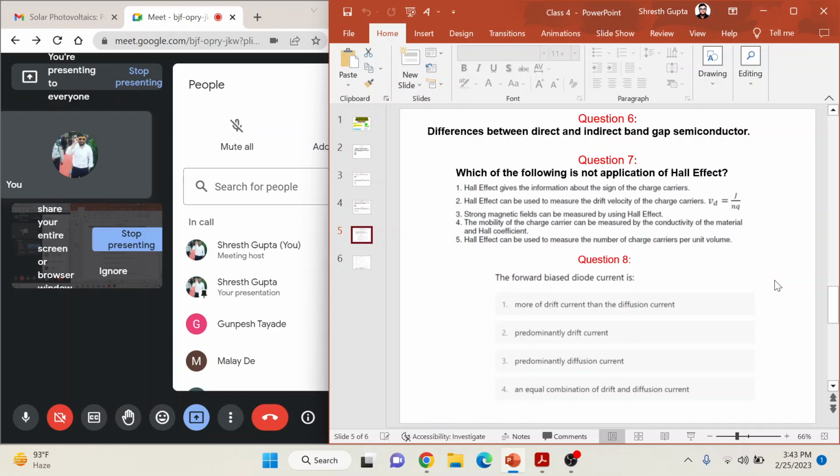Absorption is high. And in the case of indirect band gap, the maxima and minima do not coincide. That's why the photon has to travel not only in one direction, the electric field, but also the phonon side.